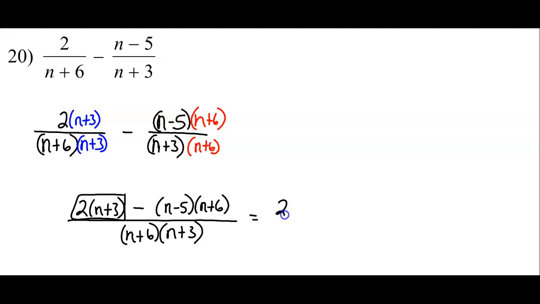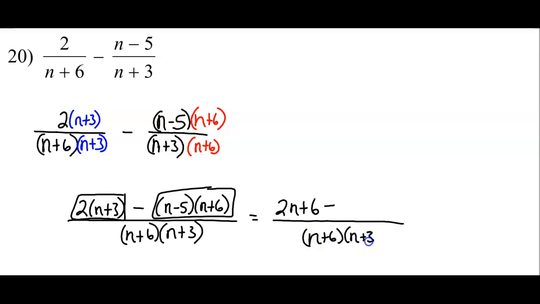So if I distribute the 2, I get 2n plus 6. Here I'm going to have to do the box method to multiply those together. You could do the box on the bottom as well, but we don't need to. They usually won't multiply the denominators back together. But we do need to multiply the n minus 5 and the n plus 6.